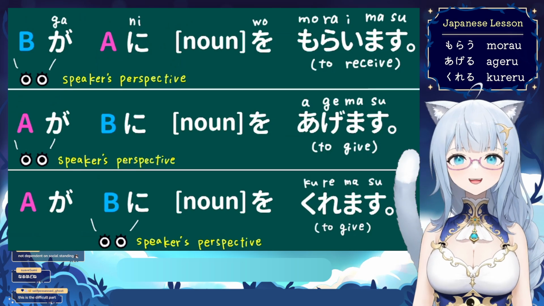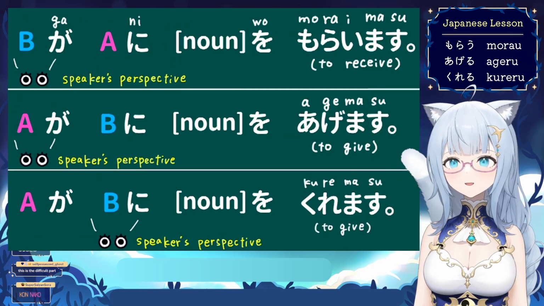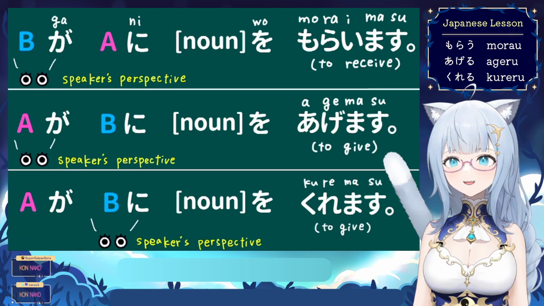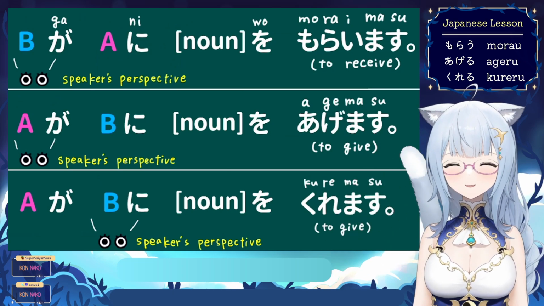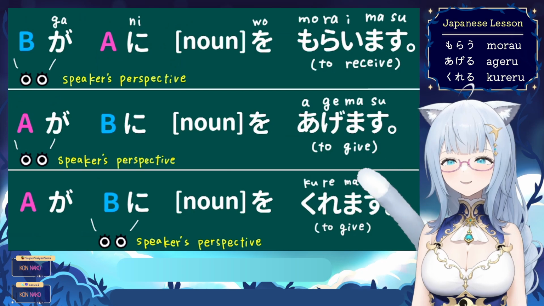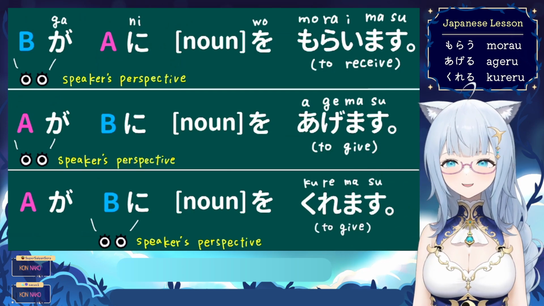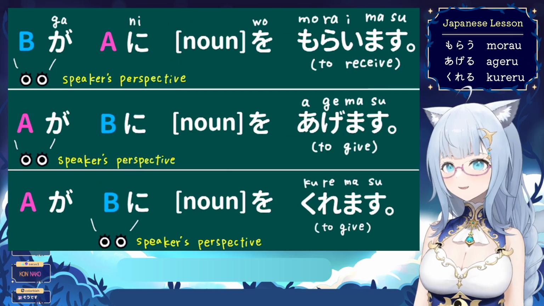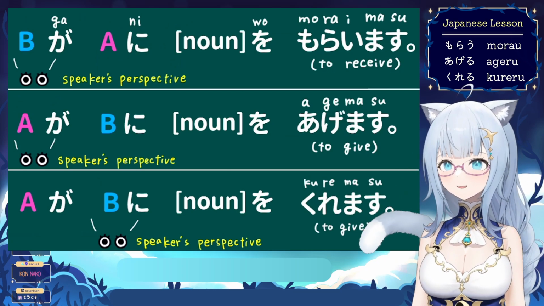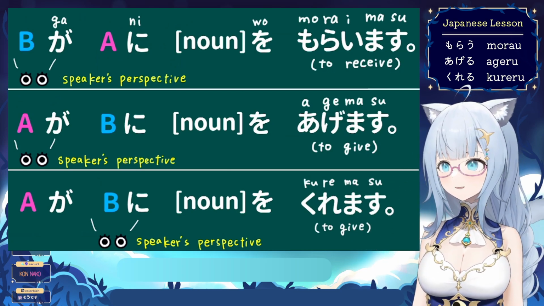And あげます, the speaker's perspective is on the A side. This part is actually 99% of today's lesson. And くれます, the speaker's perspective is B.